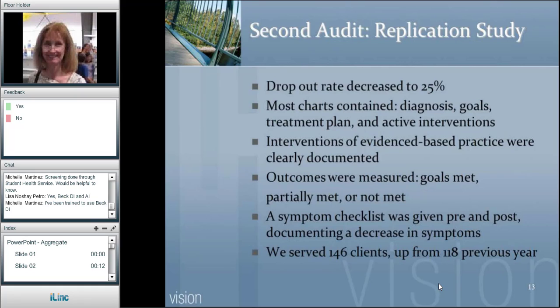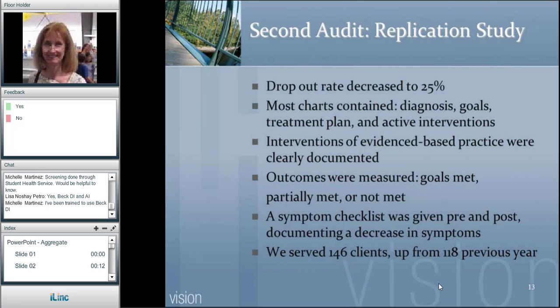Outcomes were measured, as far as goals met, partially met, or not met, and they were using a symptom checklist. They served more clients than the previous year, a total of 146, and in comparison, Orange Coast College saw over 350 individual students for mental health this year.